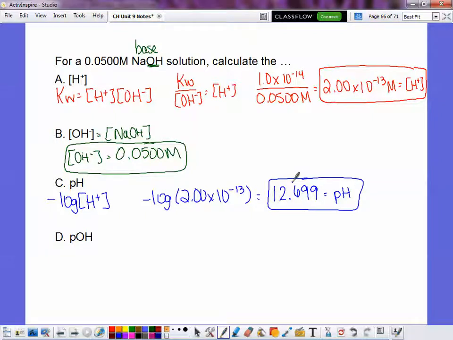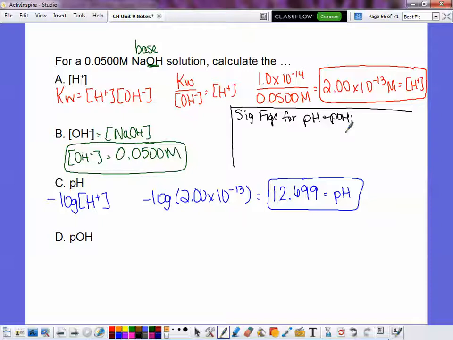The reason why the sig figs are weird here is because it's a log-based scale. The 12 just tells you the order of magnitude for the power of 10 that you're using. So the rule for sig figs for pH and pOH is: the number of digits after the decimal is the number of significant figures.